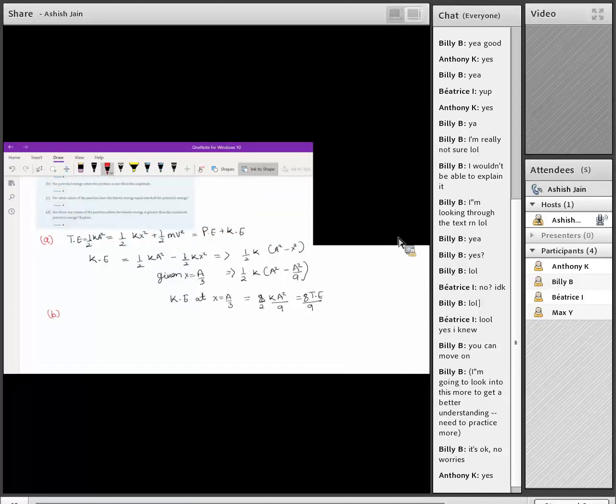It says, what is the PE, potential energy? Potential energy is given as half k a square minus half mv square, right?